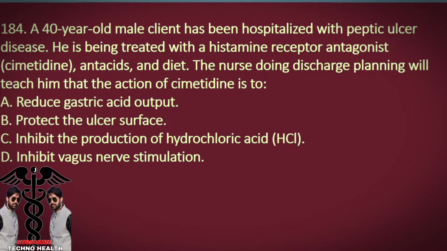Question 184. A 40-year-old male client has been hospitalized with peptic ulcer disease. He is being treated with a histamine receptor antagonist, cimetidine, antacids, and diet. The nurse doing discharge planning will teach him that the action of cimetidine is to: A. Reduce gastric acid output, B. Protect the ulcer surface, C. Inhibit the production of hydrochloric acid, HCl, D. Inhibit vagus nerve stimulation.